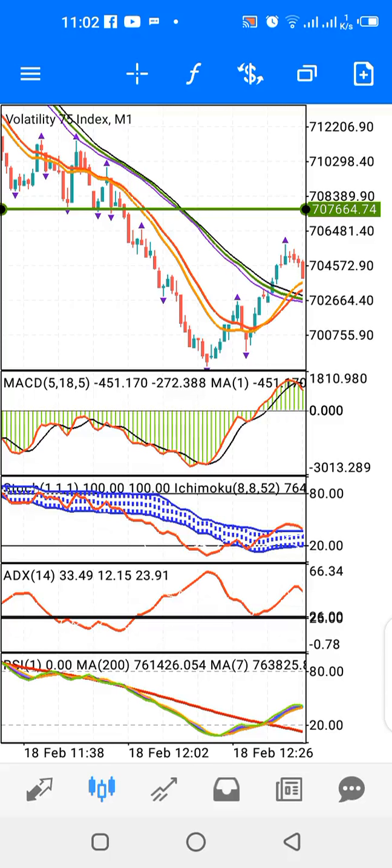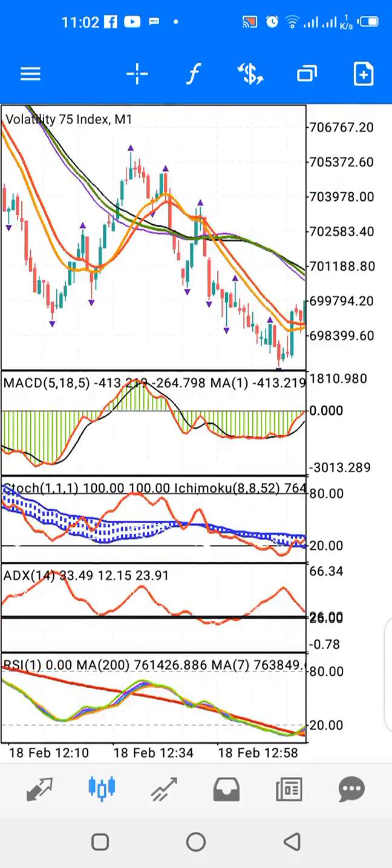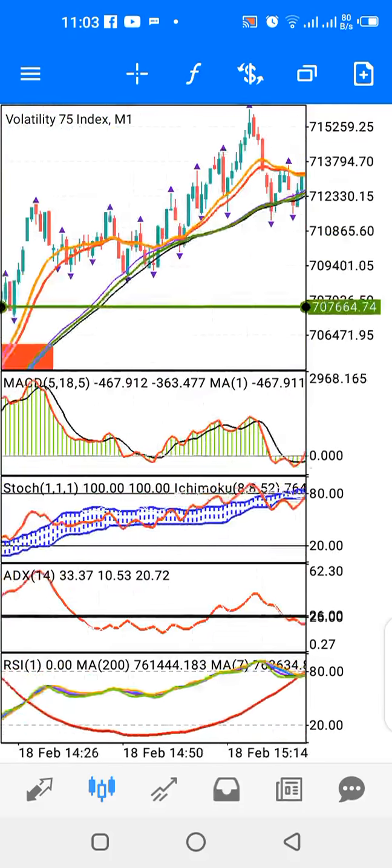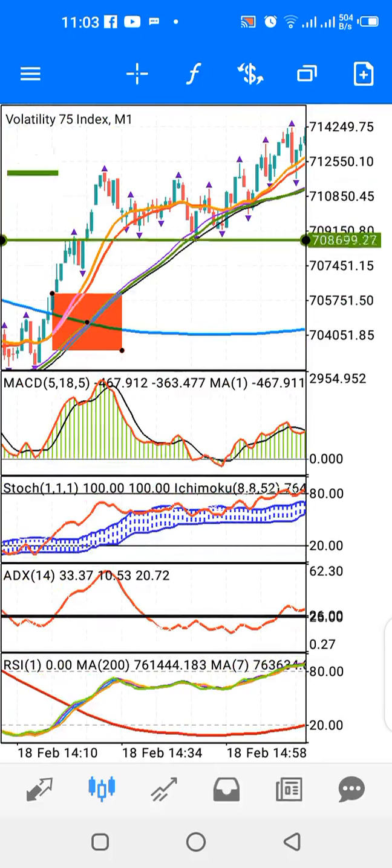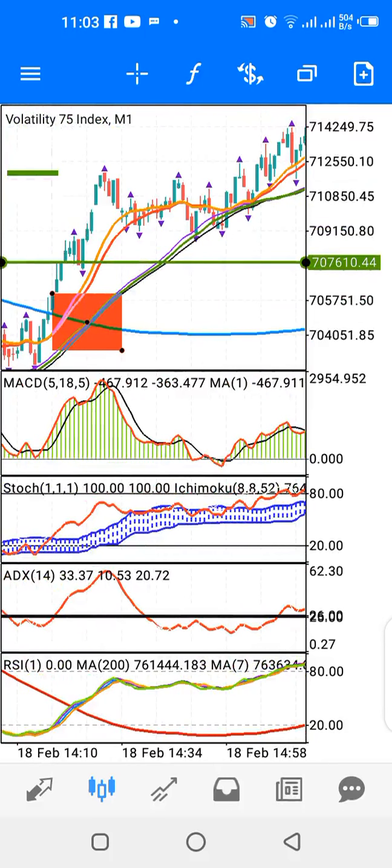Okay, plus or minus 30,000 points. Now we have another trend change somewhere around here. This is where we have the other trend change. Assume the line crosses.